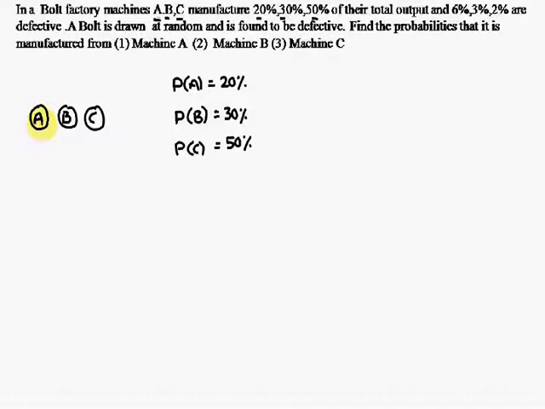Each machine is producing some bolts, out of which 6% from A, 3% from B, 2% from C are defective. Now you come across a new term called defective. For these three machines, the common event is defective. Now I am considering that D is the event of getting a defective bolt. D stands for defective bolt.